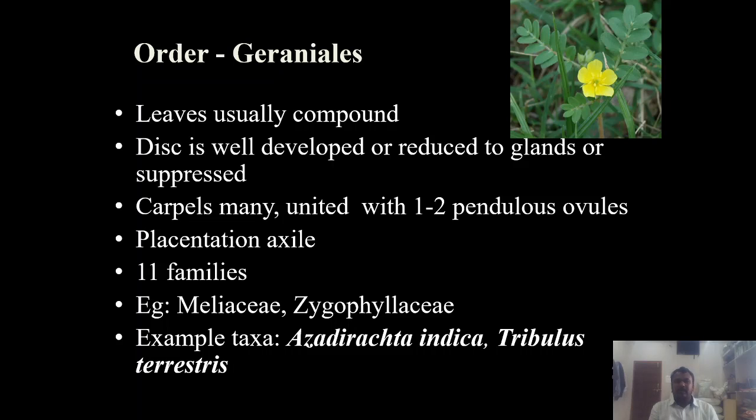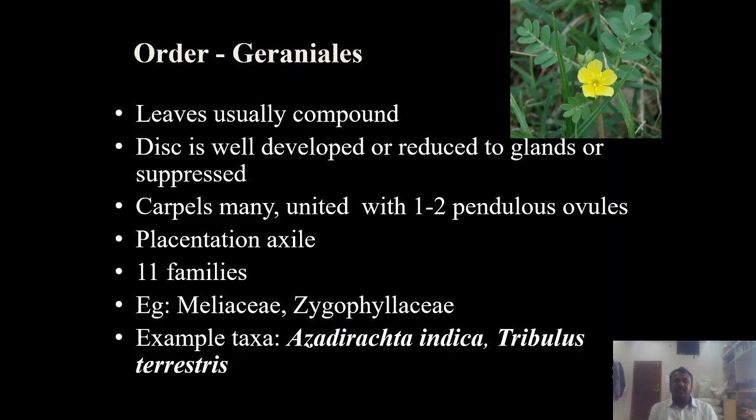Coming to the order Geraniales. The leaves usually compound. Disc is well developed or reduced to glands or suppressed. Carpels many but united. Each and every locule having 1 to 2 pendulous ovules.